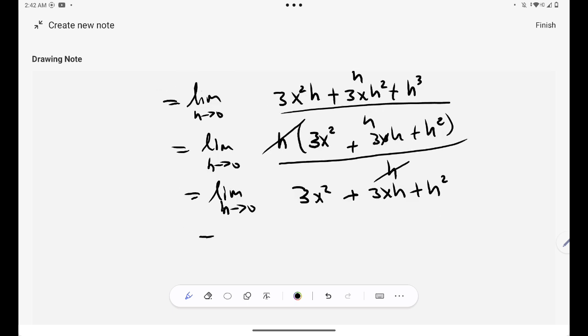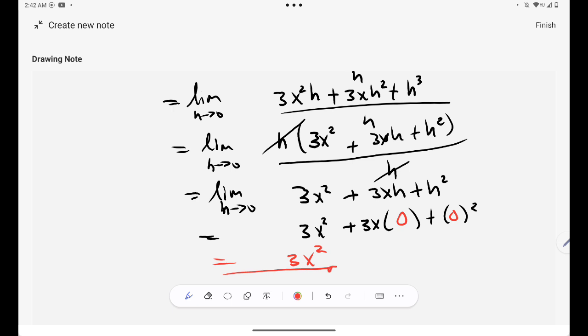Please note, whenever I substitute 0 as my h, I no longer write limit as h approaches 0. So my answer will be just 3x squared.